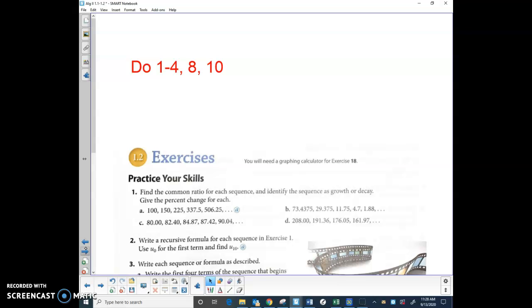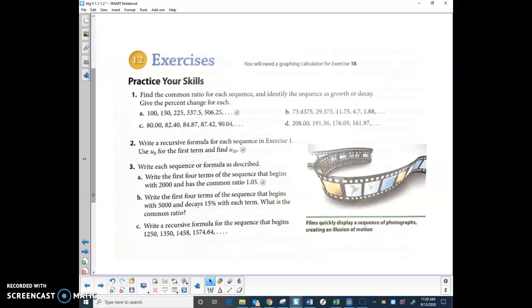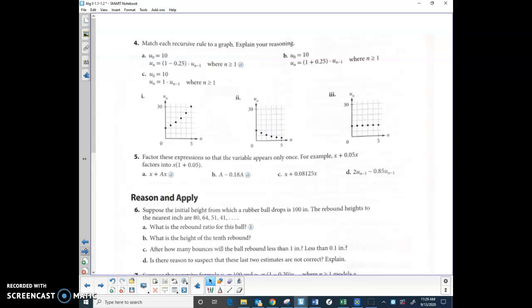Number 2 is actually writing the recursive sequence. Number 3 is writing a recursive sequence for those 3 scenarios. Number 4 is matching to the graph. So we're looking at our common rates in these and determining whether it's growth, decay, or staying the same, and what that would look like on a graph.